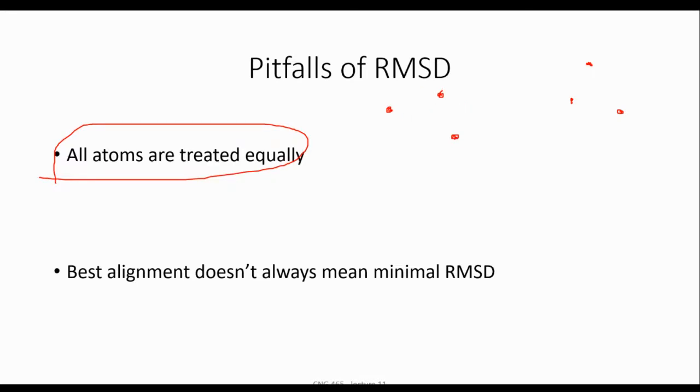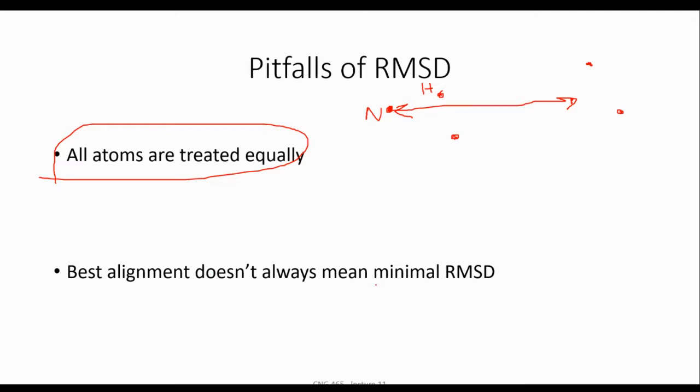So I don't care what the atom is in the RMSD method. When I compare this one with this one, we don't know exactly which type of atom that is. Is it nitrogen? Is it hydrogen? We don't know. So that's a big disadvantage of that.